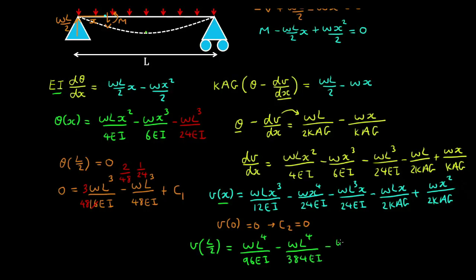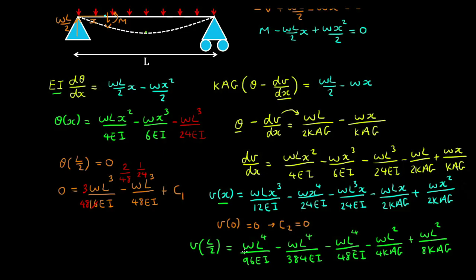Then minus WL to the power of 4 on 48 EI, minus WL squared on 4 kappa Ag, and then plus WL squared on 2 by 4, which is 8 kappa Ag.